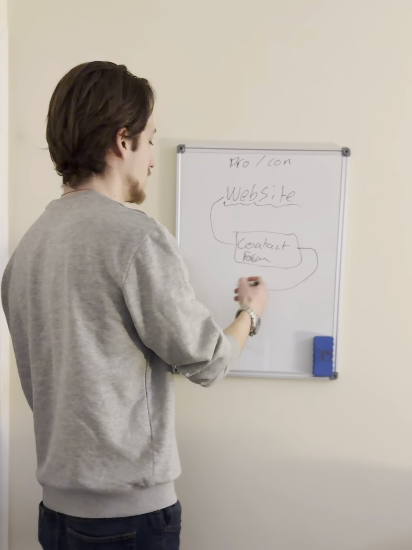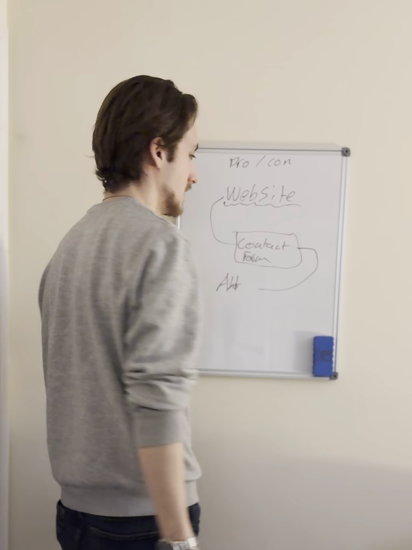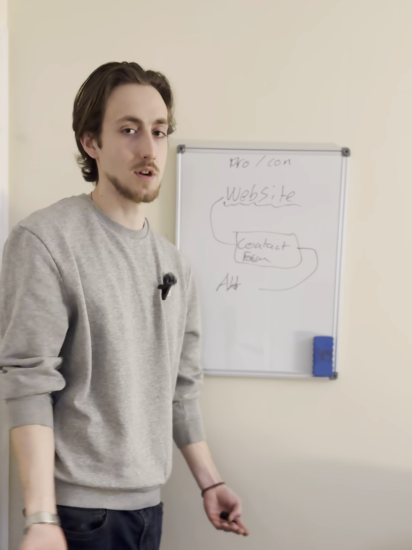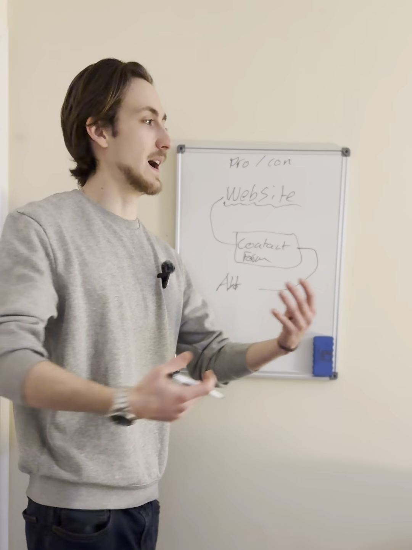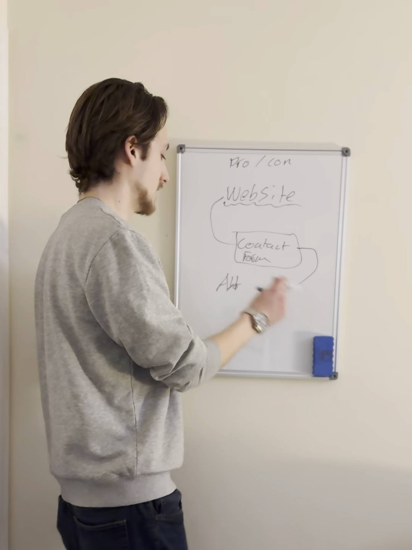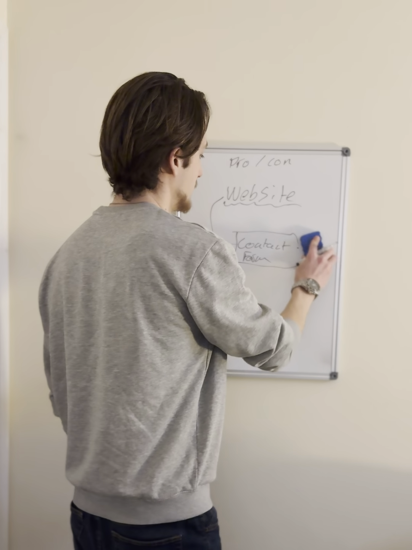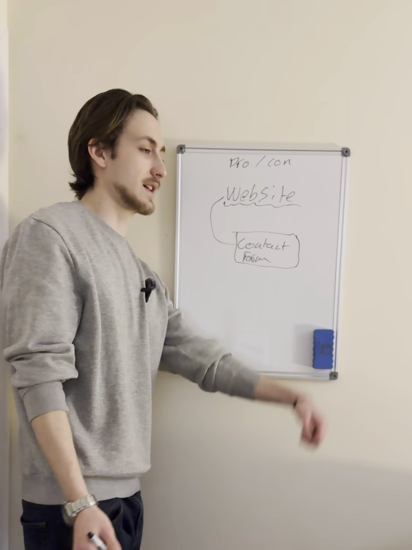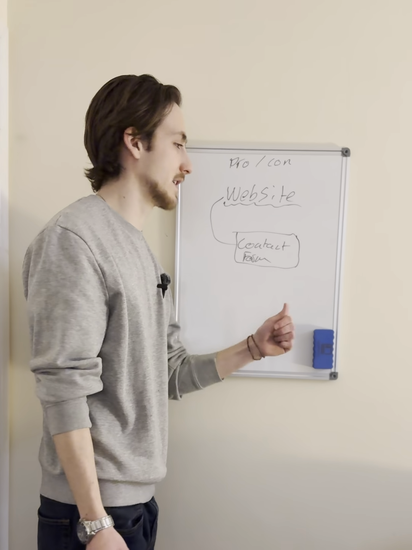If you send them to your about section, they're not going to have a clue what they're doing. They're just going to be reading about you. They're not going to be interested in signing up. They're probably just going to click off the website and you've lost the lead. So make sure the first ever page you send them to on your website is the contact form, because that allows you to get their contact information in the books, ready for you to contact them.